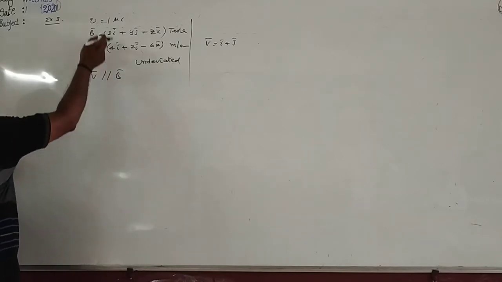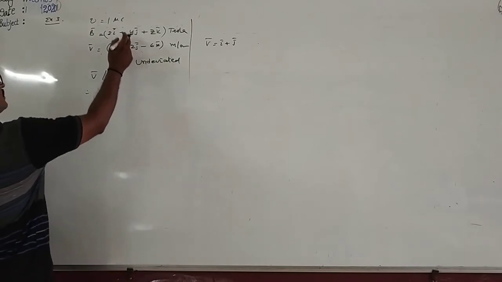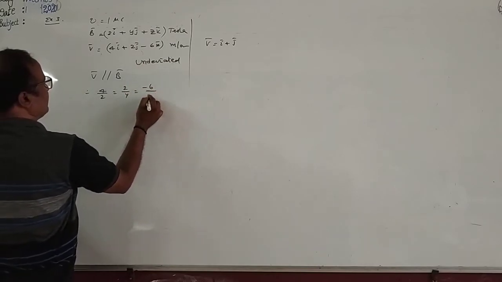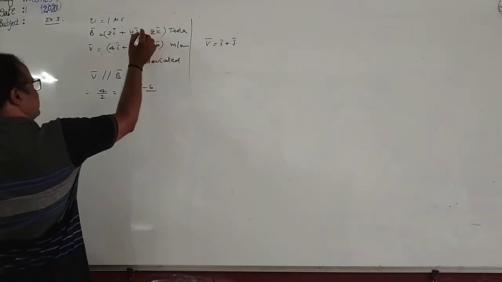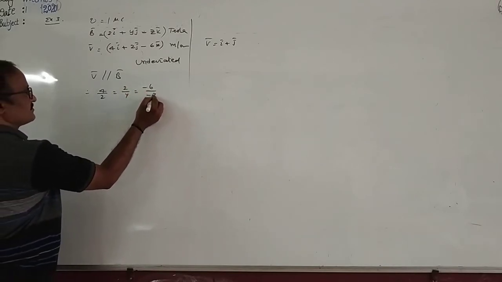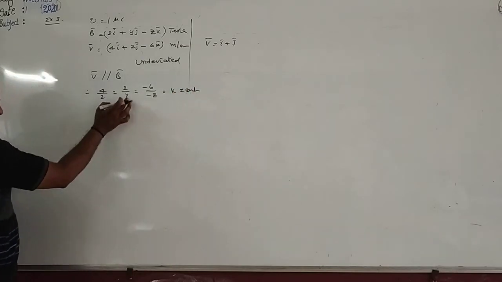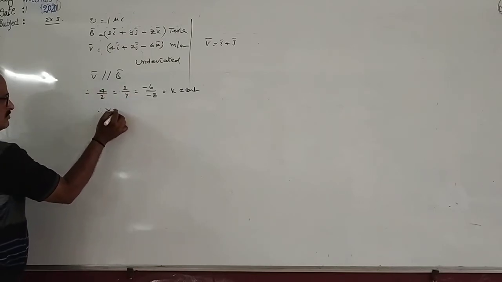That means the ratio of components is 4 by 2 equal to 2 by y equal to minus 6 by minus z, which equals a constant k. Comparing the first two, 4 by 2 means 2, so 2 by y equals 2 and y is equal to 1.